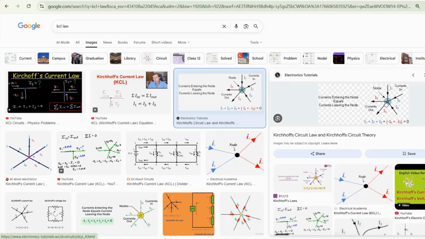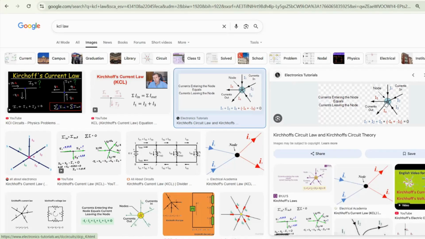Similarly, KVL, Kirchhoff's voltage law. What did I say? Kirchhoff's current law means what? Algebraic sum of all the currents, I said. In KVL, algebraic sum of all the voltages. Yes, sir. KCL means algebraic sum of all the currents.